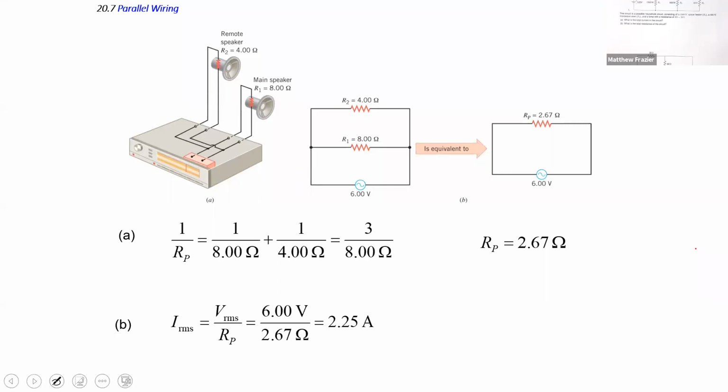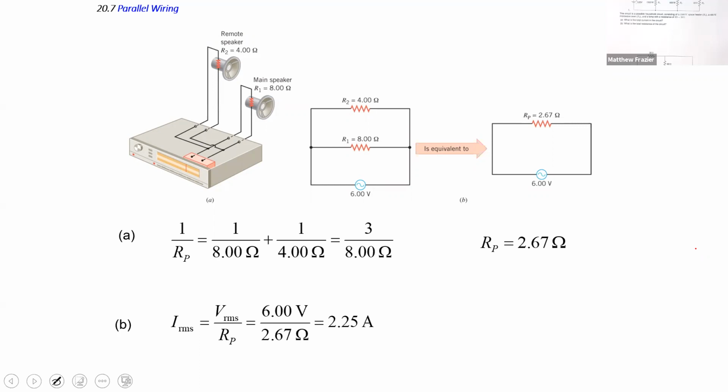So if you can inspect it and say, oh, it obviously divides like that, that's okay. But it's not always clear that that's a way of dividing it. So what you would say is, you have this 2.25 amps, 1/3 of it goes through one and 2/3 goes through the other.